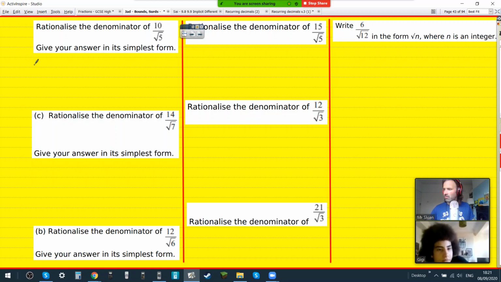It'll be 10 root 5 over 5. Should be 2 over 1 root 5.